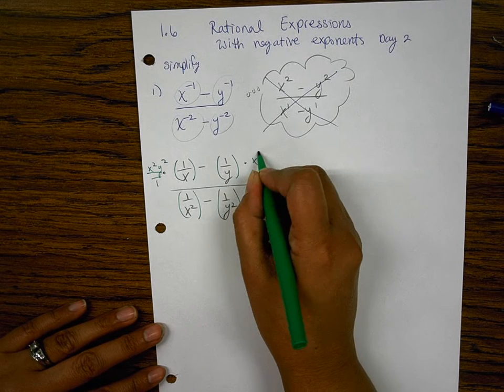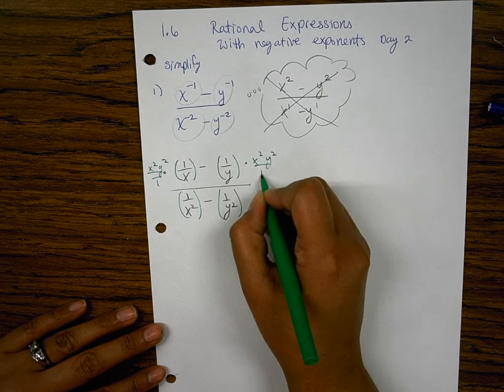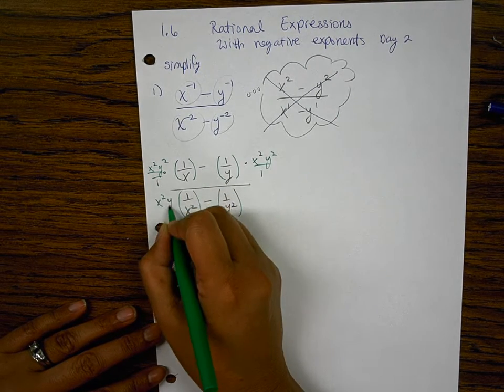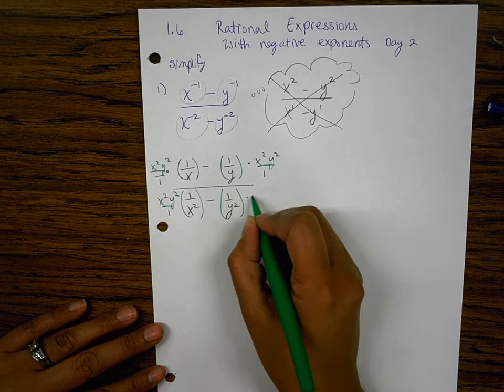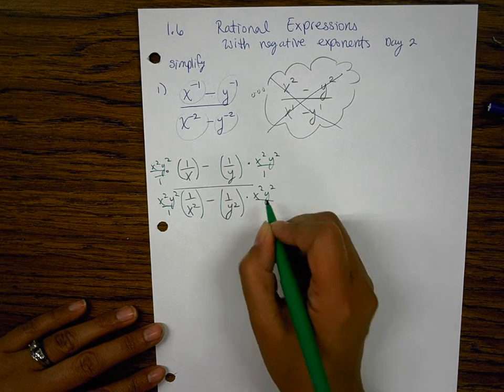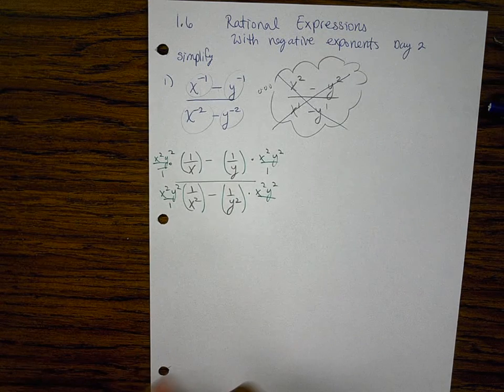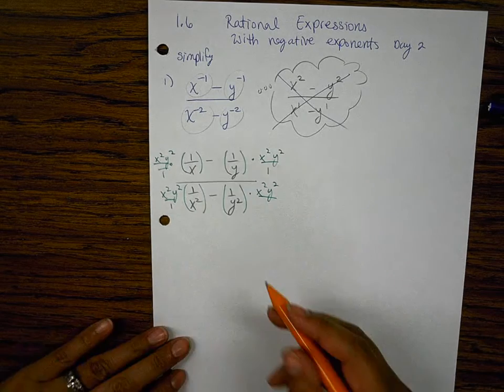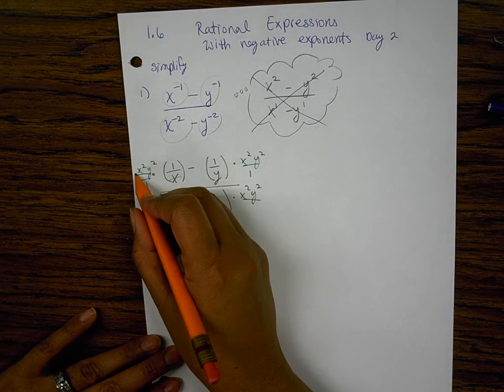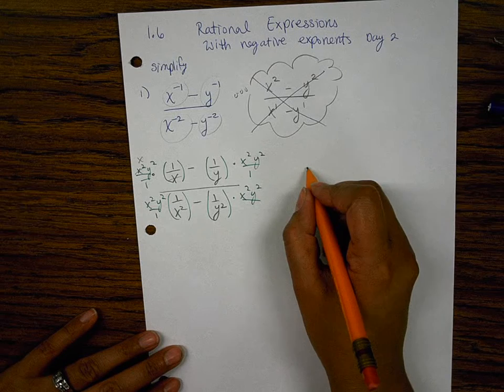I'm hoping you all realize that x squared y squared is my common denominator. So x squared y squared on every single term, at the top and at the bottom. And when you do this, things should clean up.